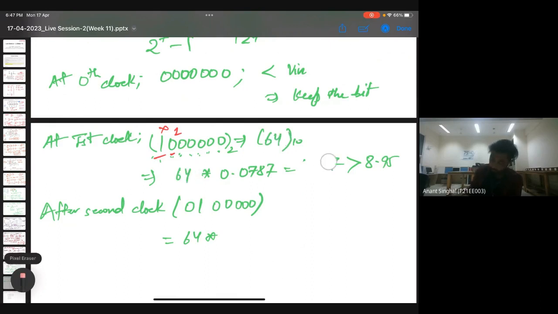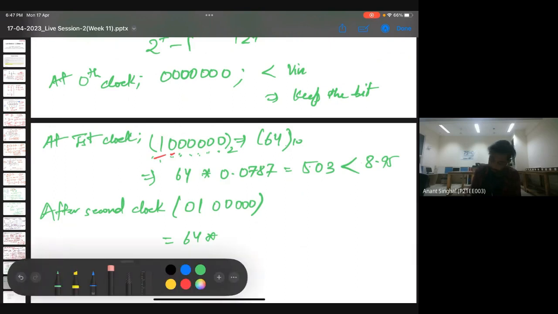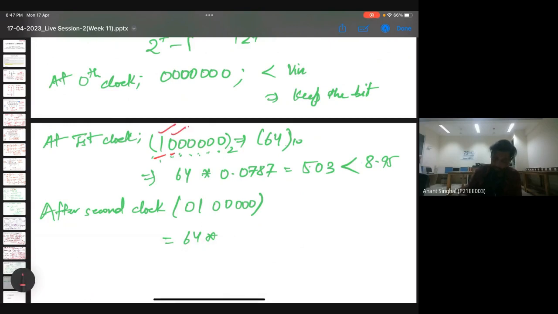So here, let me reframe, it will be 5.03, which is less than 8.95. So we'll keep this bit. We'll not discard this one. We'll keep this and we'll change this to 1.